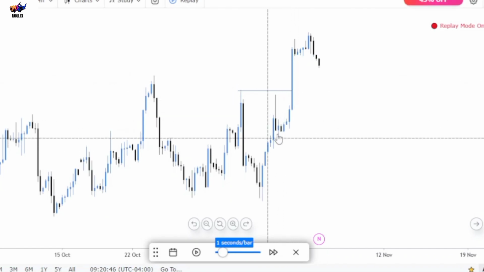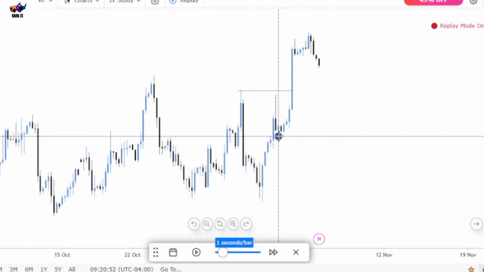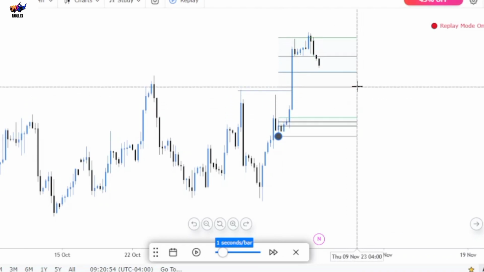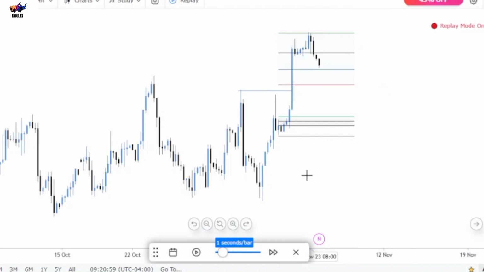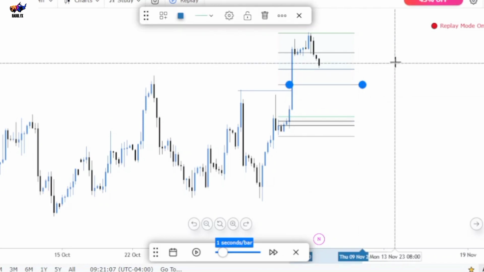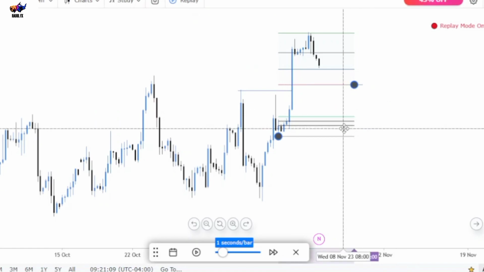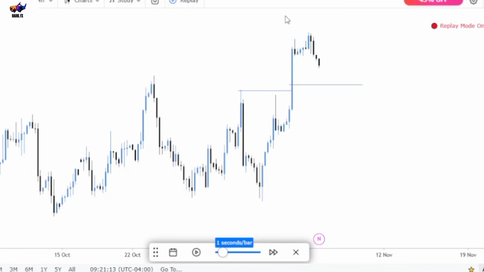So this is where we are going to consider. If we draw our fib from here up to the top, this is where we are going to have our 50% level. So we go ahead and mark out our 50% level right here. That's the very first rule that's been completed, right?